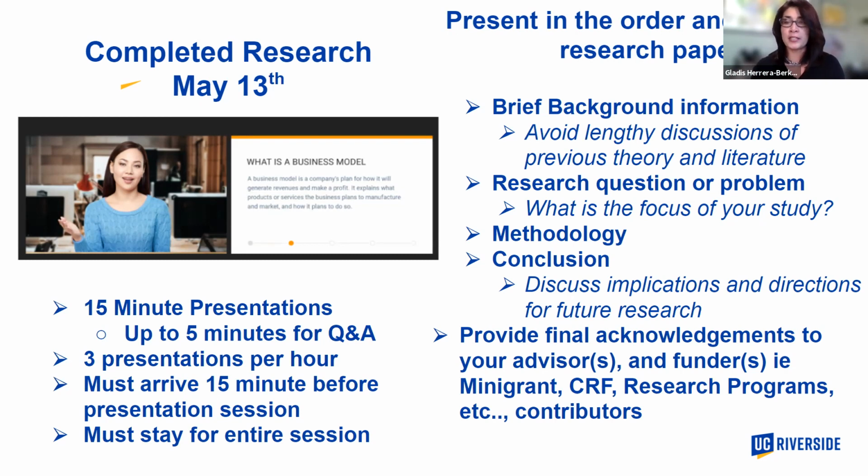And for all presentations, you should have a section where you provide acknowledgements to your advisor. If you were funded for your research from a mini grant or the Chancellor's Research Fellowship or organized research on campus or any other entity that has contributed to your research, that should be recognized. And again, anyone that has helped you through the process.